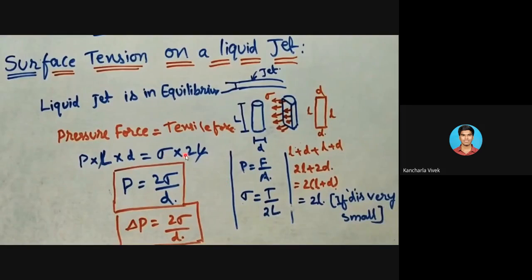So sigma into 2 times L, the perimeter of the liquid jet, which is 2 into L plus D, where we ignore D.